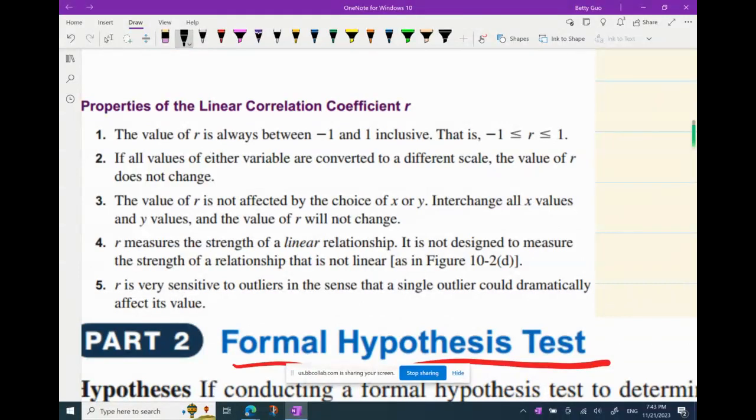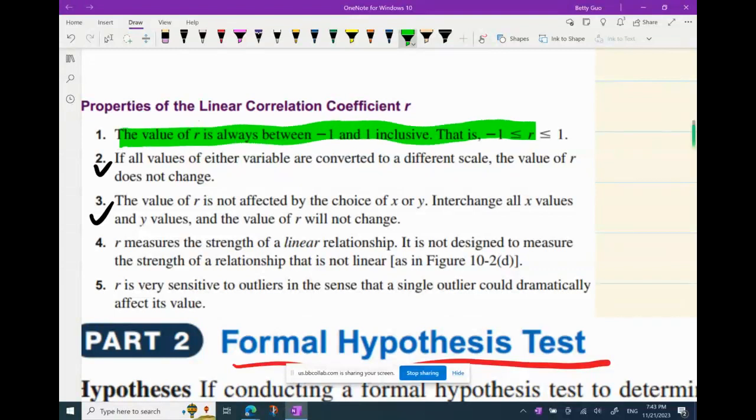Actually I just described number 2 and number 3. And number 1, the value of R is between -1 and +1. This one is very important actually. R is always greater than or equal to -1 and less than or equal to +1.